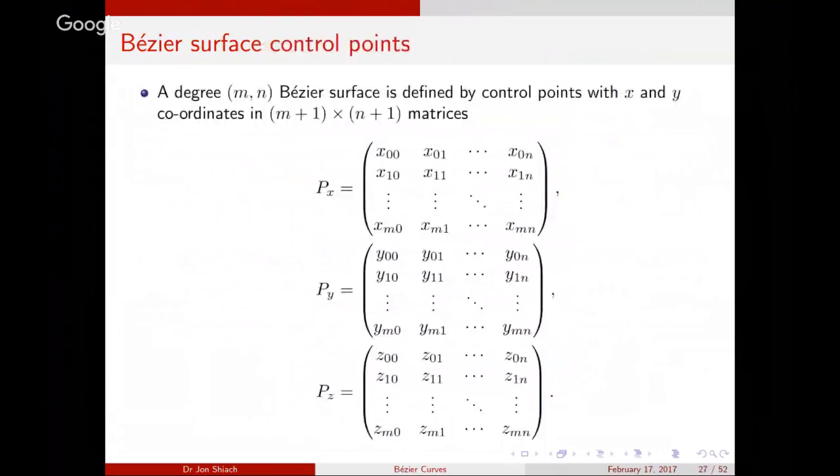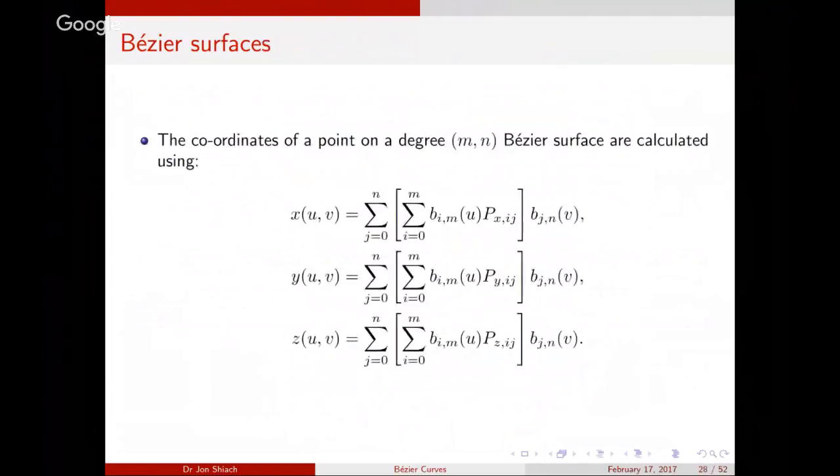i and j are simply the addresses or indices for these matrices. The one within the square brackets is a Bezier curve in one direction. We also have an outer sum with another Bernstein polynomial, and that's summing in the other direction.